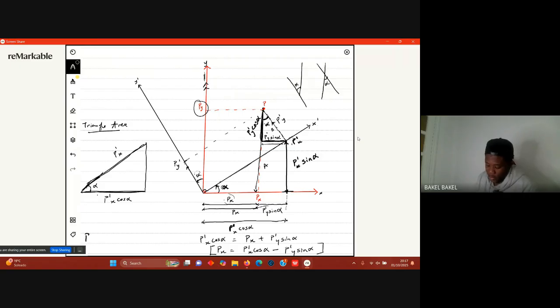That Py would be equal to Py prime cos alpha plus Px prime sine alpha. Is it understandable?